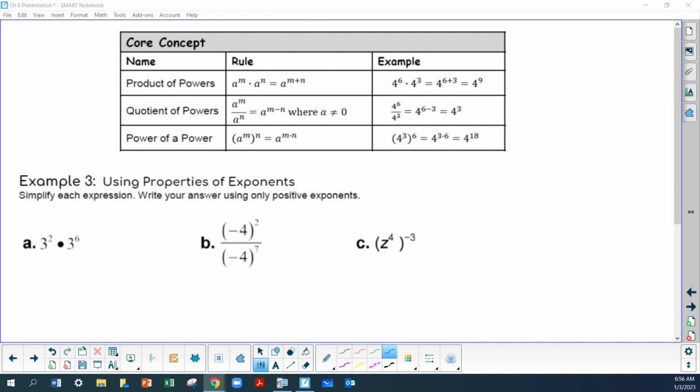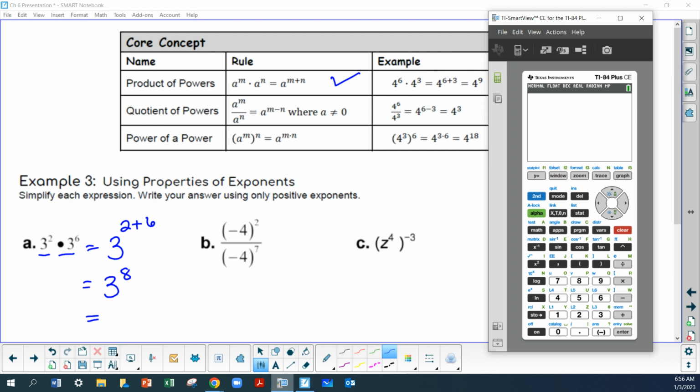Okay, here we go. The first one, I have a power times another power. In that case, we're going to follow rule 1, the product of powers, and I'm going to go 3 to the 2 plus 6. I add these exponents. That gives me 3 to the 8th. And then I would grab a calculator. If you don't have one, grab one, pause for a moment, and get your calculator.